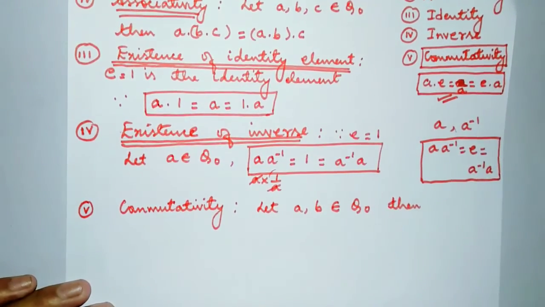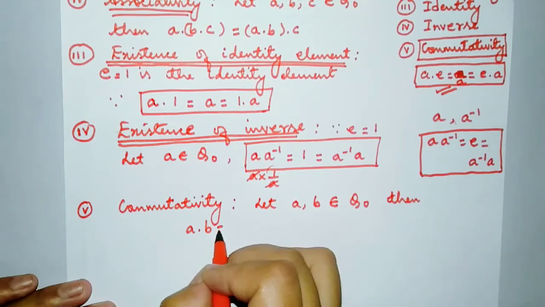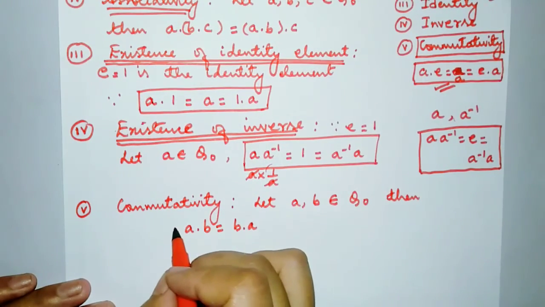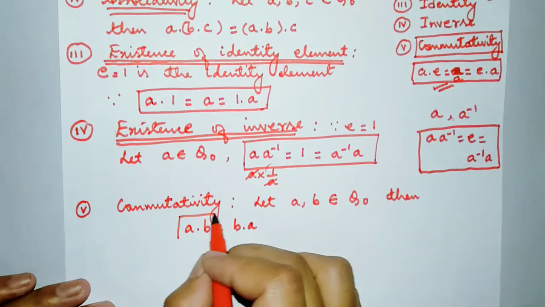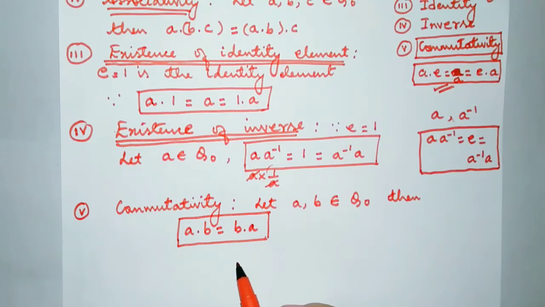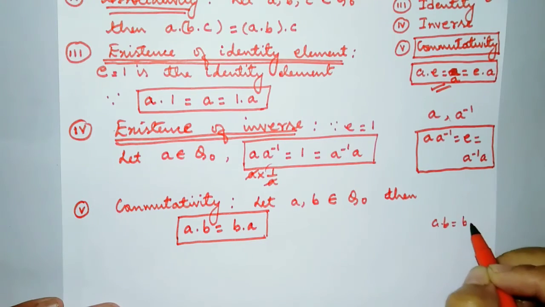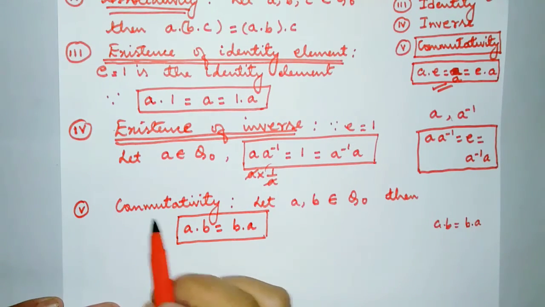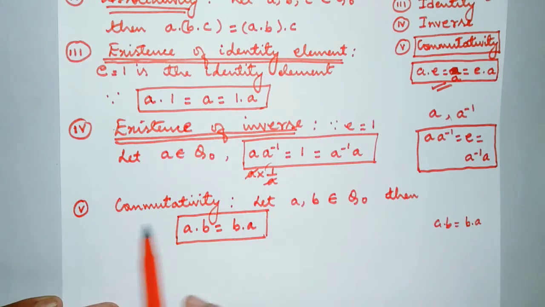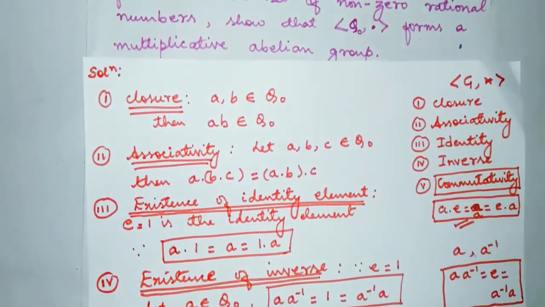Then clearly under a binary operation multiplication, A into B is always equal to B into A. Since we see that A into B is equal to B into A, we say that this commutativity also is satisfied by Q0 under a binary operation multiplication.